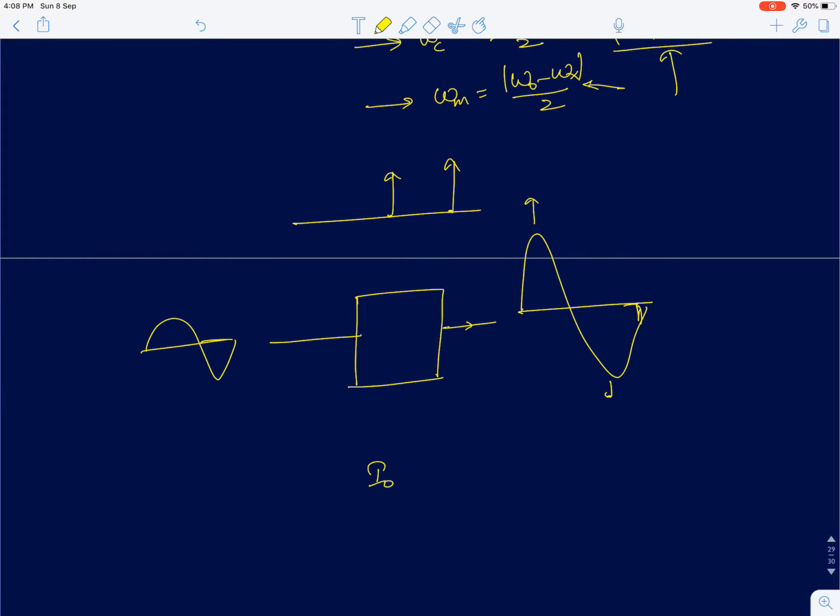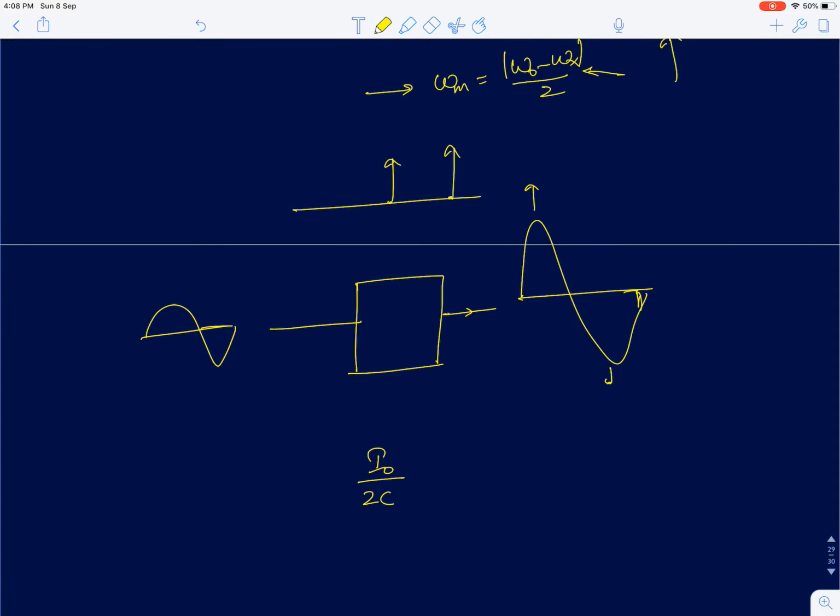We got an output I naught by 2c t into sine omega naught t into u of t. So that's the output we got. The output was linearly increasing as a function of time. So this is a resonant system with an infinite gain at the resonant frequency f naught, where f naught is omega naught by 2 pi.